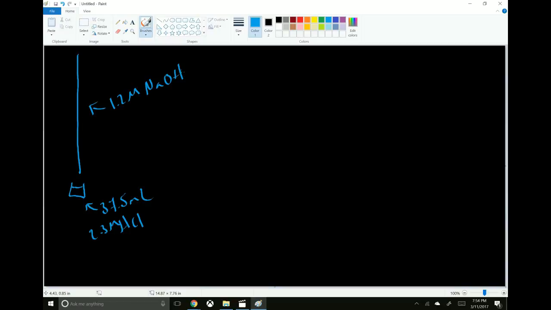molar hydrochloric acid. Now, when you mix an acid and a base, what kind of reaction are we talking about? You should have immediately shouted neutralization reaction at your screen. Okay, so NaOH plus HCl yields NaCl plus H2O.